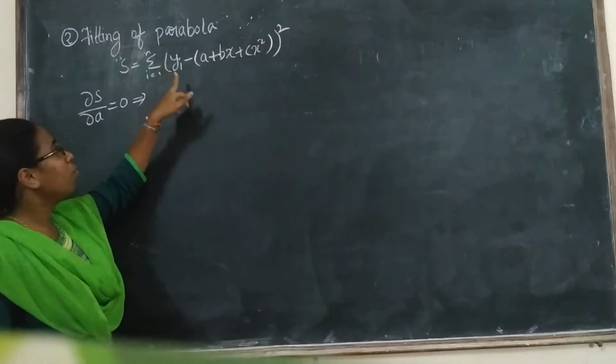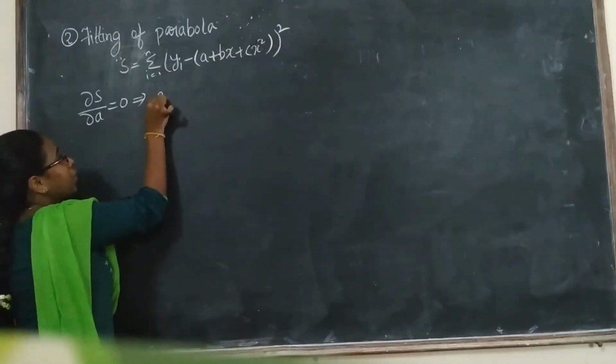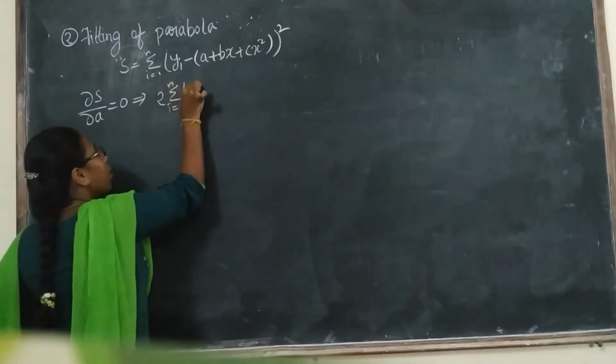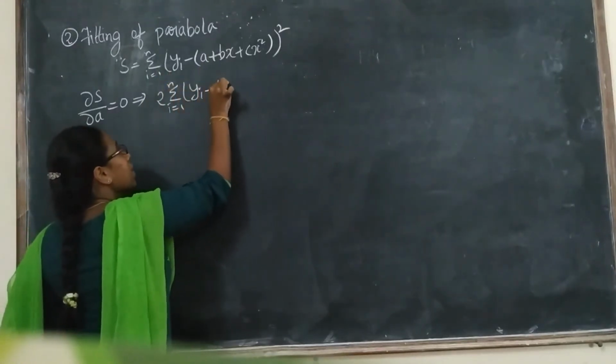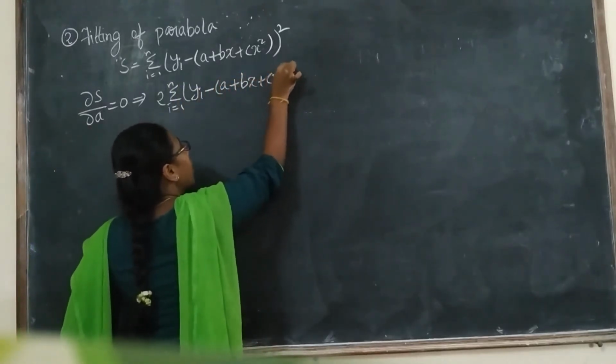So it is in the form of x square, so x square differentiation is 2x. You'll get 2 into summation i equals 1 to n yi minus a plus bx plus cx square.